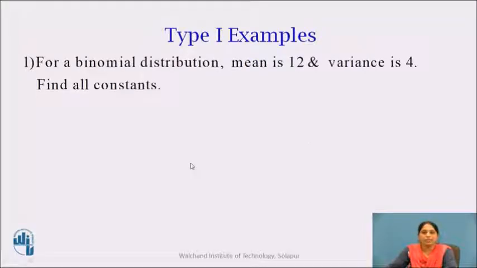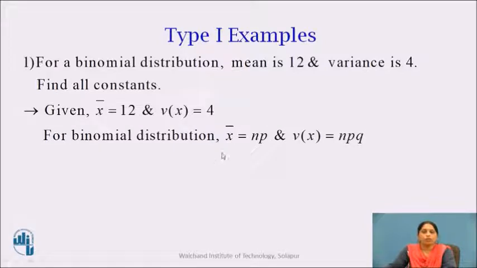Now, let us see the type 1 examples. For a binomial distribution, mean is 12 and the variance is 4. Find all constants. It is given that the mean, that is x bar, is equal to 12 and the variance of x is equal to 4.